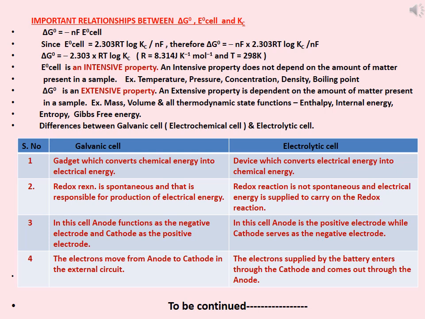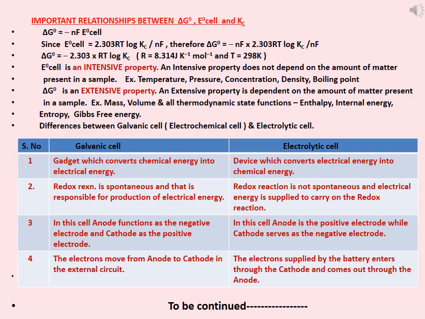Third, in a galvanic cell, the anode functions as the negative electrode and the cathode acts as the positive electrode. But in an electrolytic cell, the anode is assigned positive polarity. The anode is the positive electrode while the cathode serves as the negative electrode.